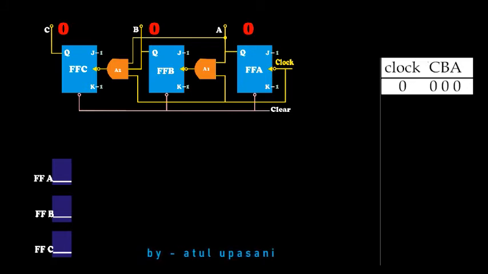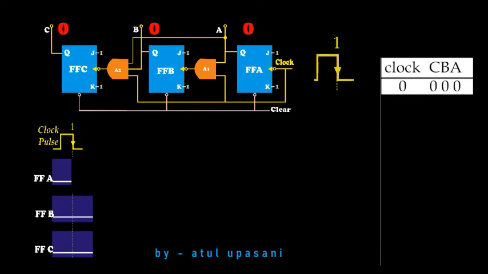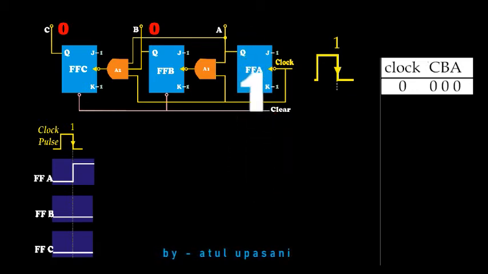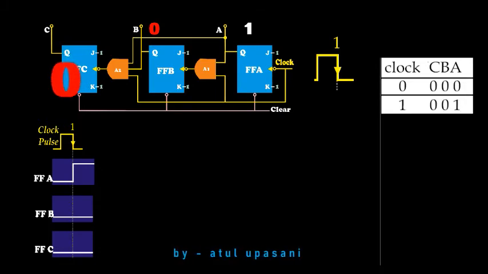So the clock cannot reach flip-flops B and C. Hence, at the negative edge of the first clock pulse, only flip-flop A will toggle from 0 to 1. Thus the output after the first clock pulse will be CBA equal to 001.